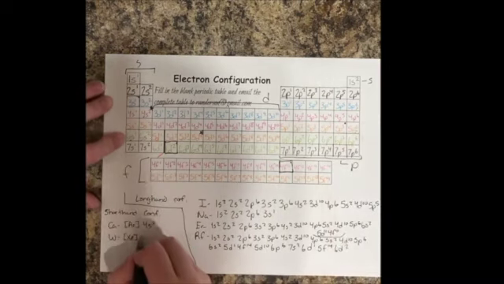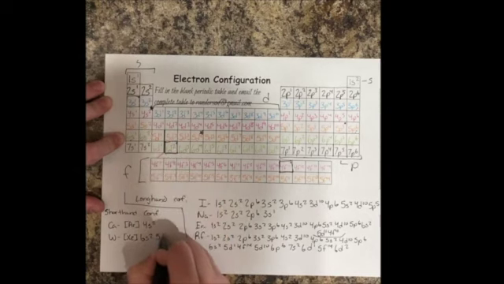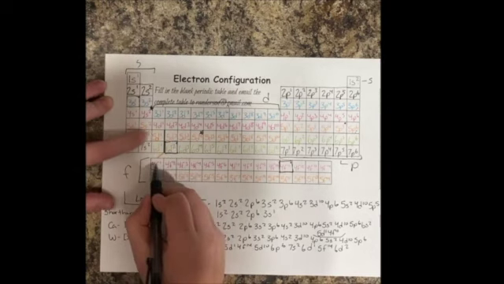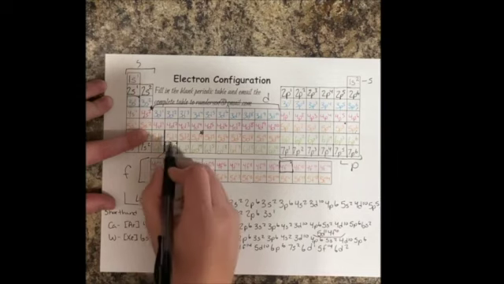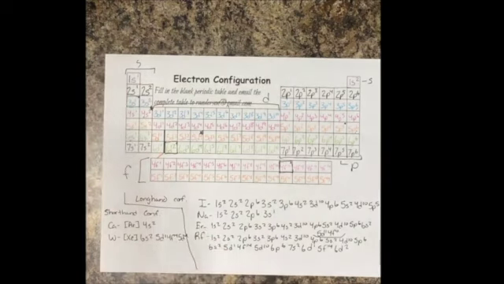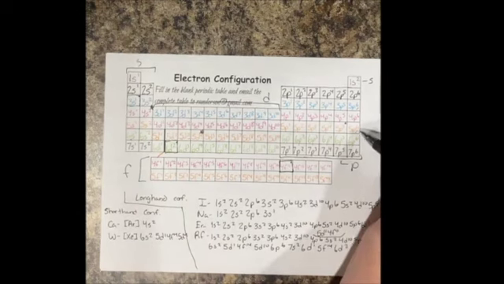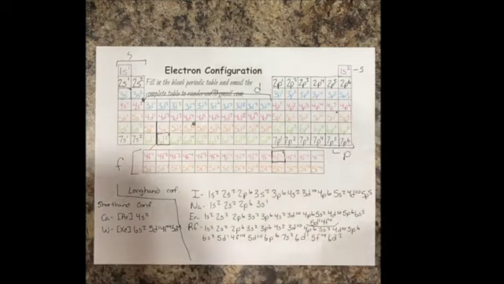So that'll be 6s2, 5d1, 4f14, 5d4. Okay, so I just write everything afterwards, just like we did on the longhand, only I start after that noble gas. So it keeps you from having to write everything up in here.